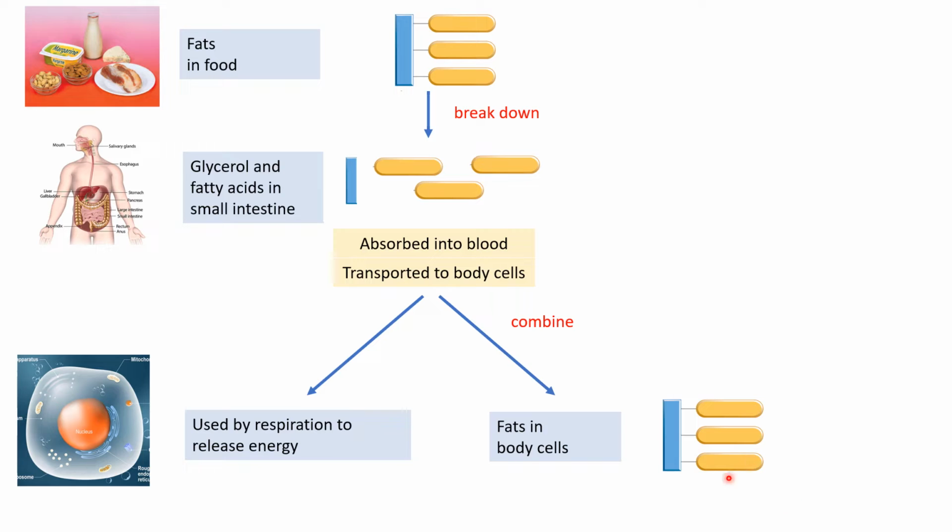Or again, the cell may break this down back into fatty acid and glycerol and use it for respiration to release energy. This also tells you that fats have many more functions other than providing energy, and this is different from carbohydrates.